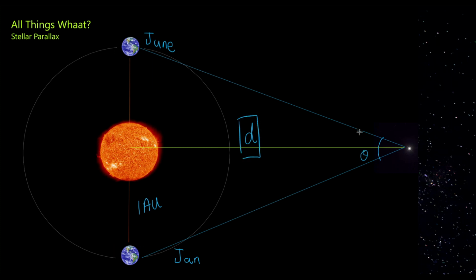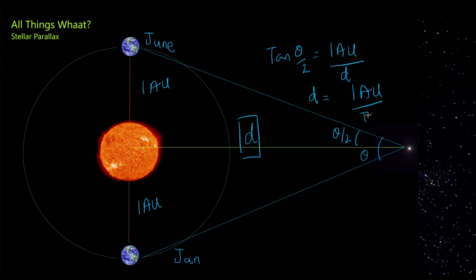So if this is theta, this is theta by 2. And by applying simple trigonometry, we know that tan of theta by 2 is opposite, so this is 1 astronomical unit, divided by adjacent, divided by D. And I would rewrite it to D equals 1 AU divided by tan of theta by 2.